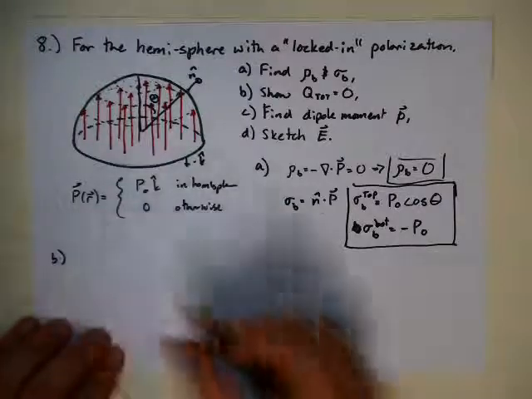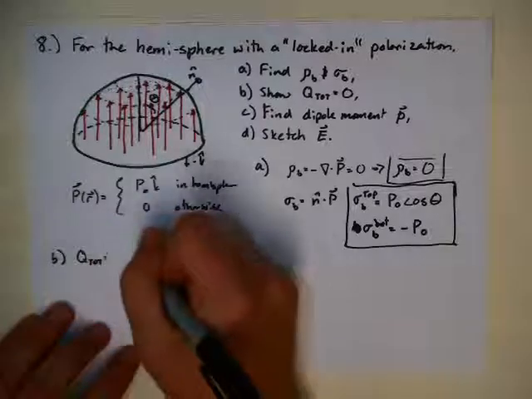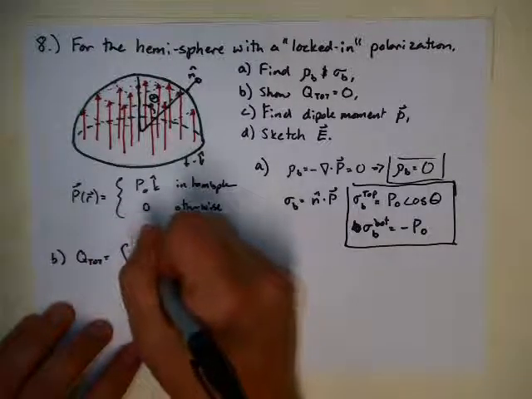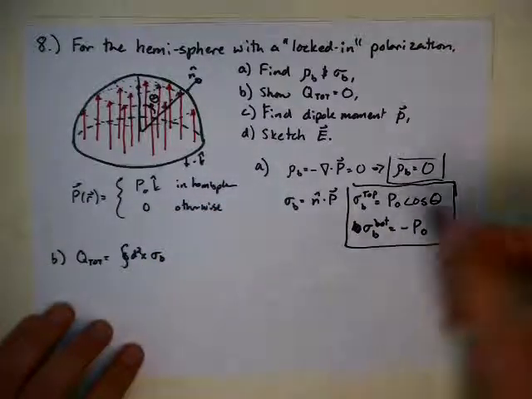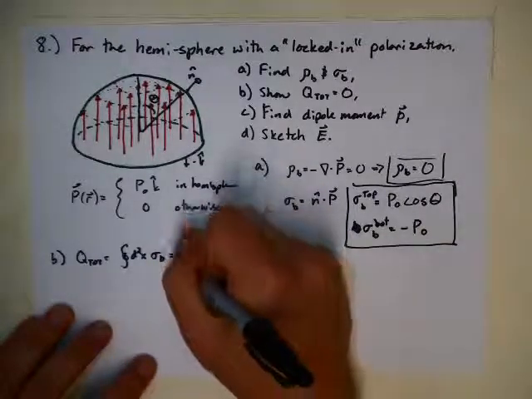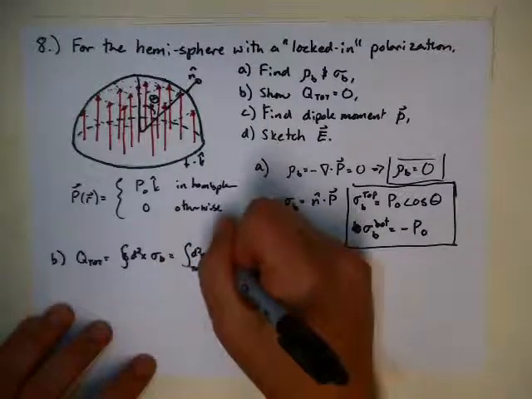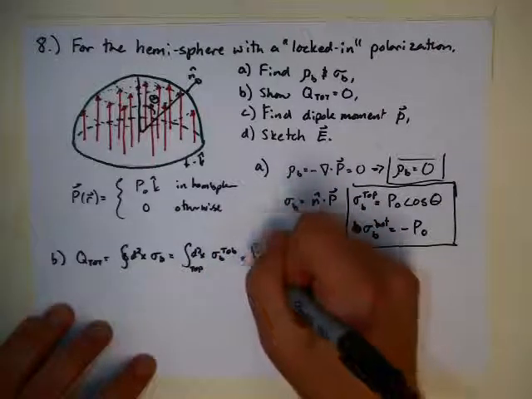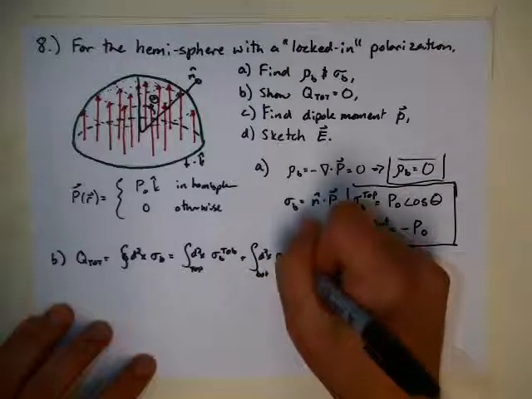For part B, show that the total charge is 0. And so I'm going to write this out as the integral d2x over a closed surface of the bound charge, because the volume charge is 0, so I'm just going to ignore that. I'm going to break this up into two parts: the integral d2x over the top, sigma top, plus the integral d2x over the bottom, sigma bottom.